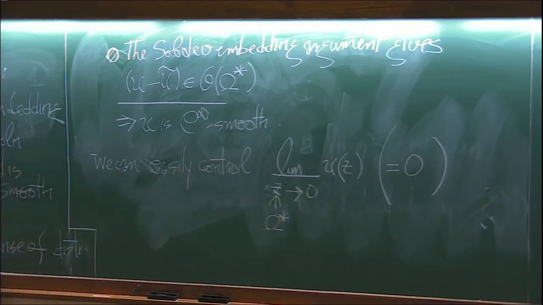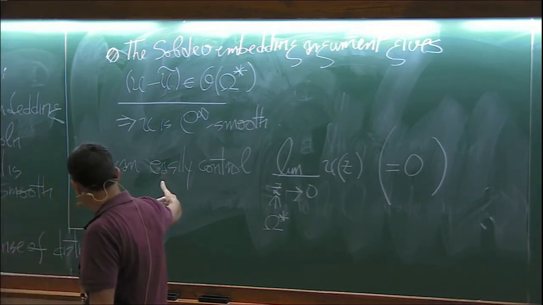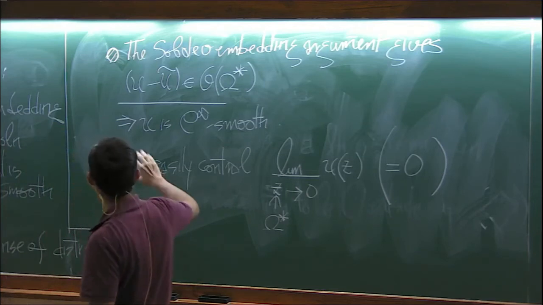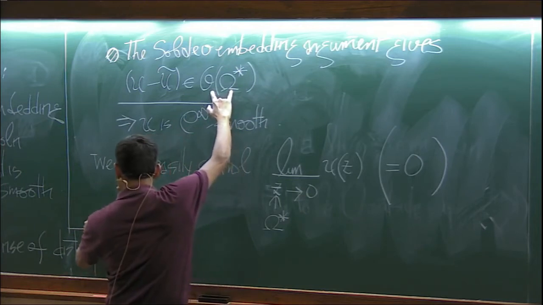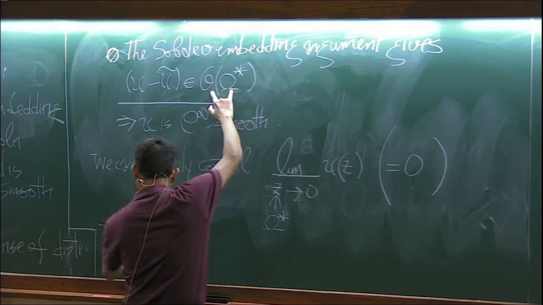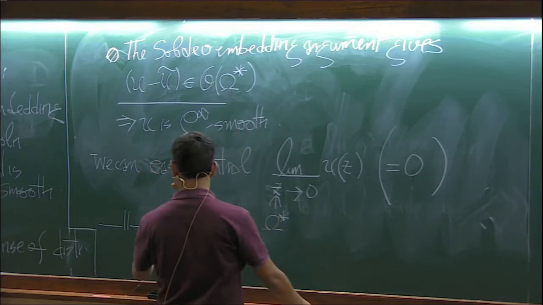So I need to control the limit supremum of this. There's a further bit of hard analysis that needs to be done, but it becomes a whole lot cleaner with this datum. So we can maybe not so easily control it.